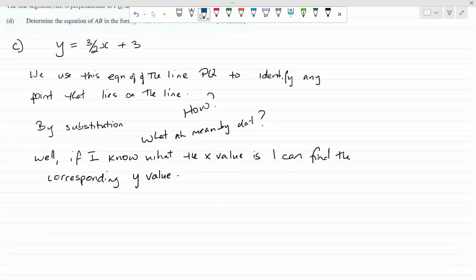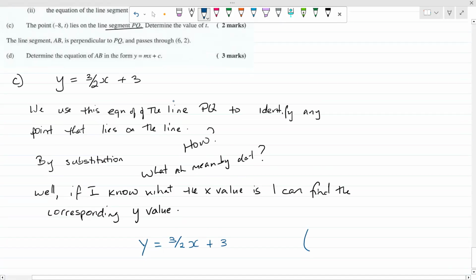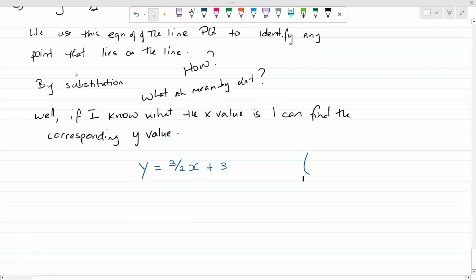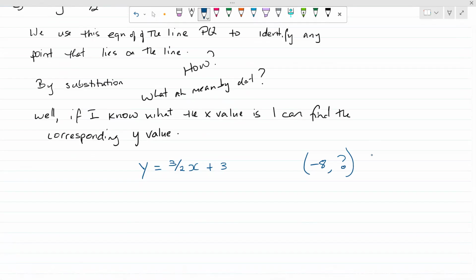If this is my equation of the line, y is equal to 3 over 2 x plus 3. And I have the point, as they gave me here, minus 8, t. So I put minus 8, and I'll put a question mark here, right? We don't know what t is. You want to find out. This is the x value. So right here, instead of putting x, I could put what 8 is.